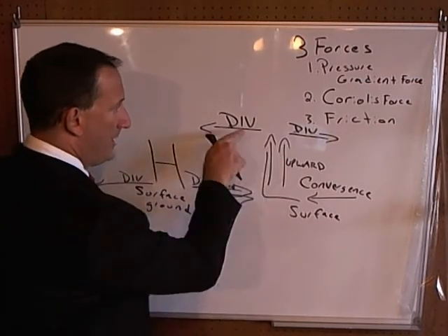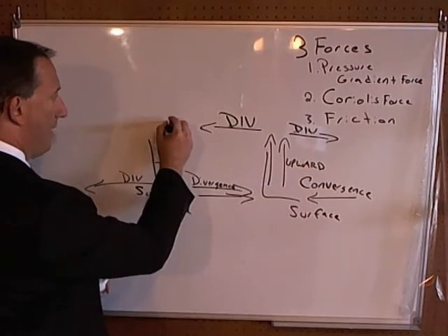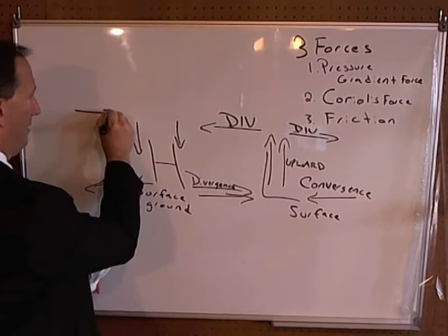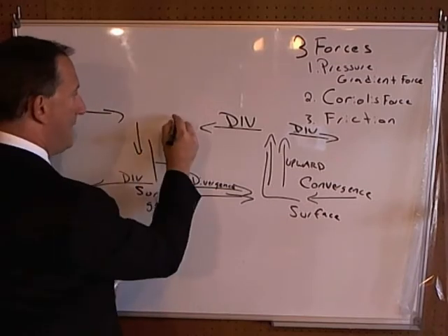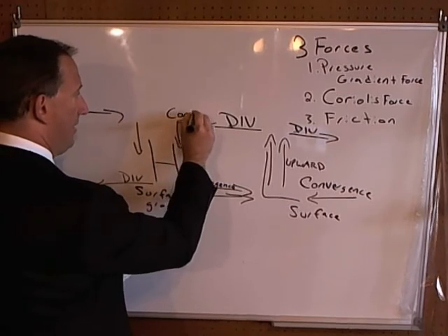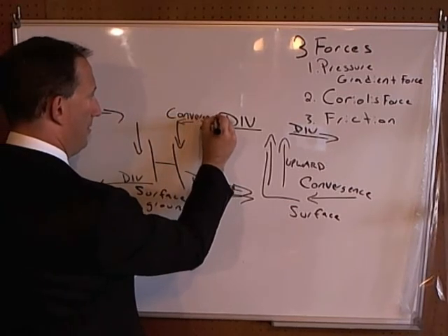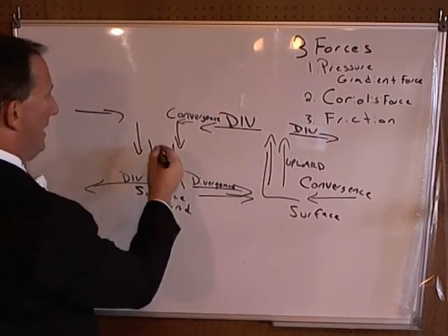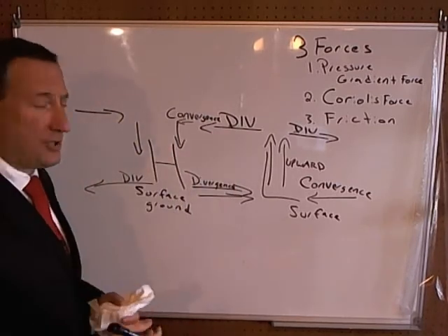Air goes upward, diverges out. Now air goes downward with high pressure. And so what happens when it gets close to high pressure? It's converging here. So that's convergence.